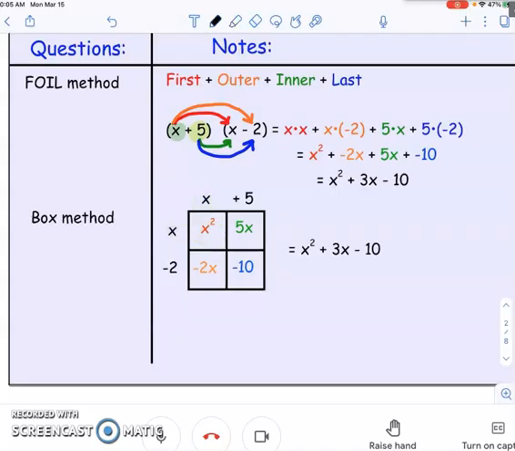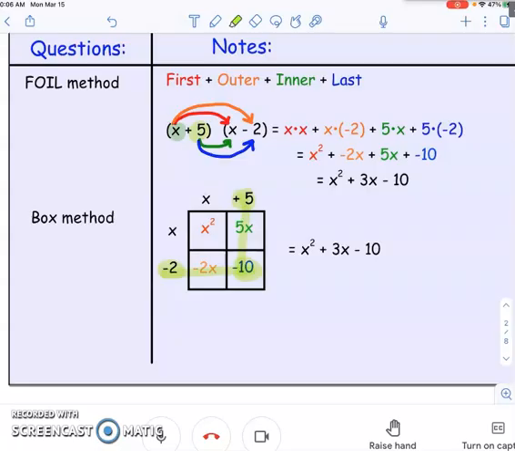Then for the next one, you would do X times -2, and that gives you -2X. Then you take the X times the 5, and where they intersect would be right here, 5X. And then the last box is with the 5 and the -2, they intersect over here at -10.